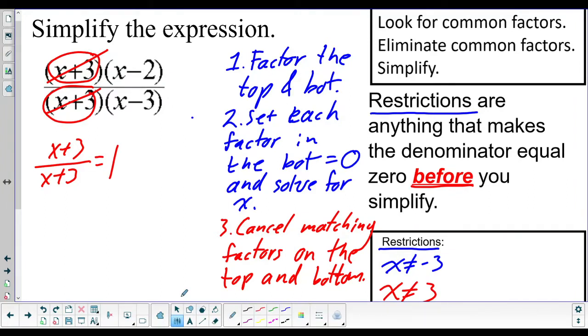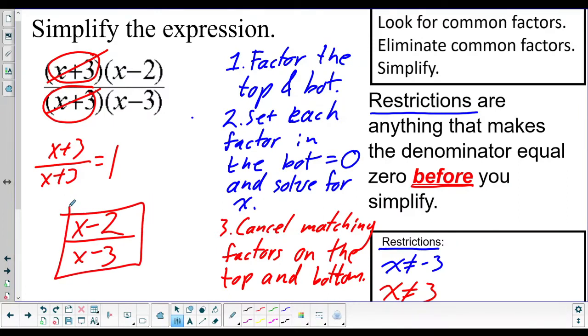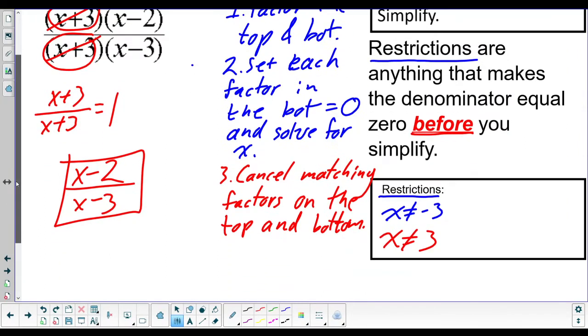So it doesn't eliminate, right? It just simplifies. So these go away, and then we're left with x minus 2 on the top and x minus 3 on the bottom. And this is our answer. Okay? So this is our answer with the restrictions of x cannot be negative 3 and x cannot be 3.